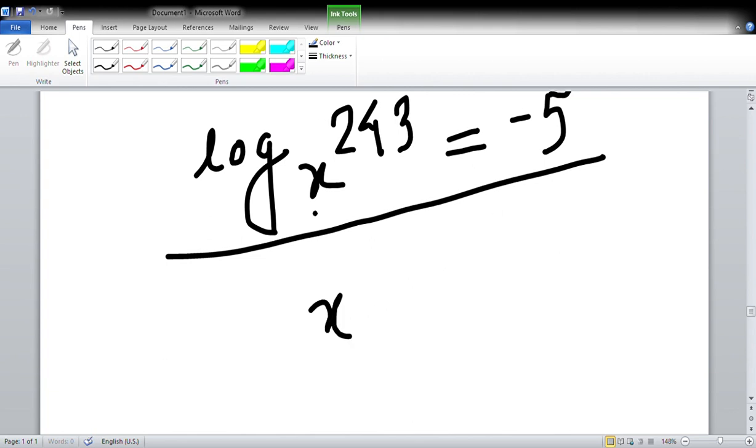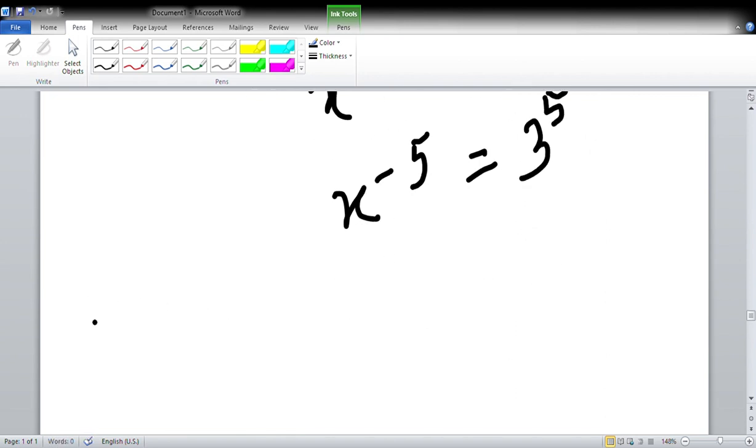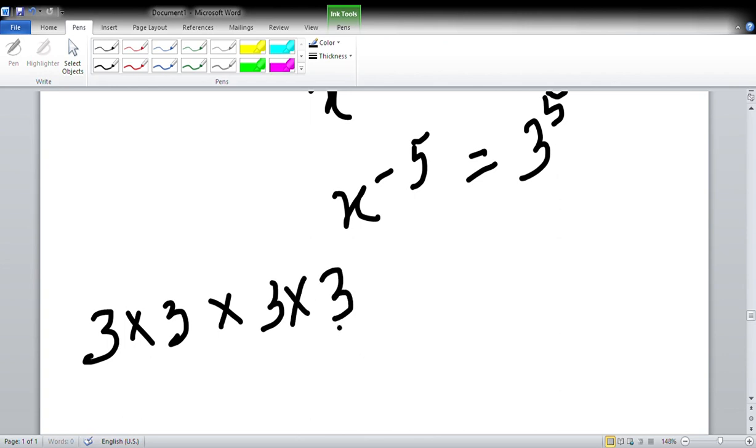So x to the power minus 5 is equal to 243. 243 is 3 to the power 5, if you write 3 and multiply 5 times: 3, 9, 27, 81, and 243.